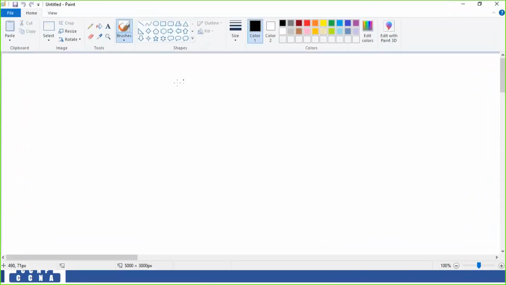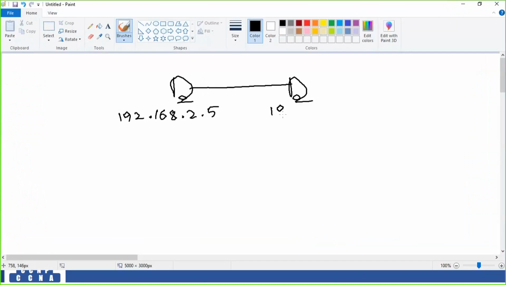See, device 1 and device 2 are connected. For device 1 the IP address is 192.168.2.5, and for device 2 it is 192.168.3.5. In IPv4, will they communicate?